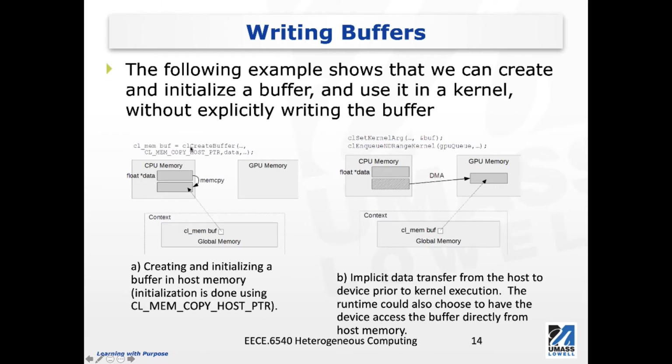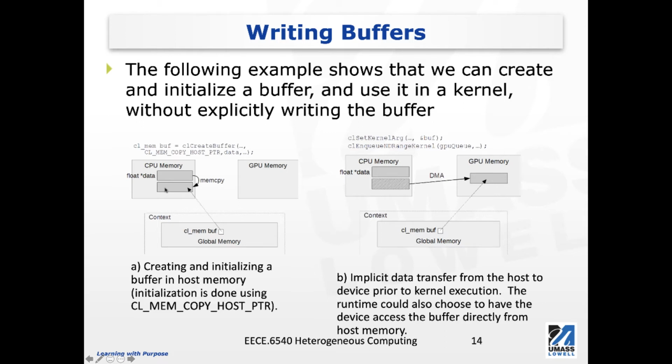First, we call clCreateBuffer with the memory flag CL_MEM_COPY_HOST_PTR, coupled with this data pointing to somewhere in host memory. What this API will do is create a new buffer, and then copy the data from the buffer pointed to by data to this newly created buffer.